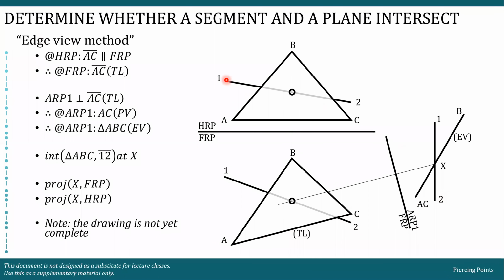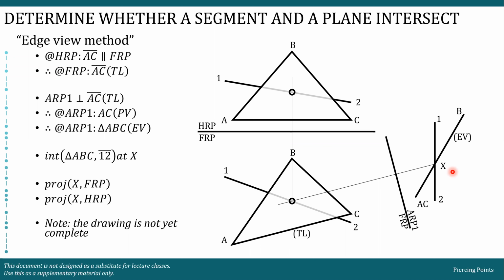So, kapag pinroject din natin yung 1, 2 dito sa ARP1, we can see that the line or the segment 1, 2 and the plane ABC intersect here, dito sa point X. Now, take note that point X lies along 1, 2.